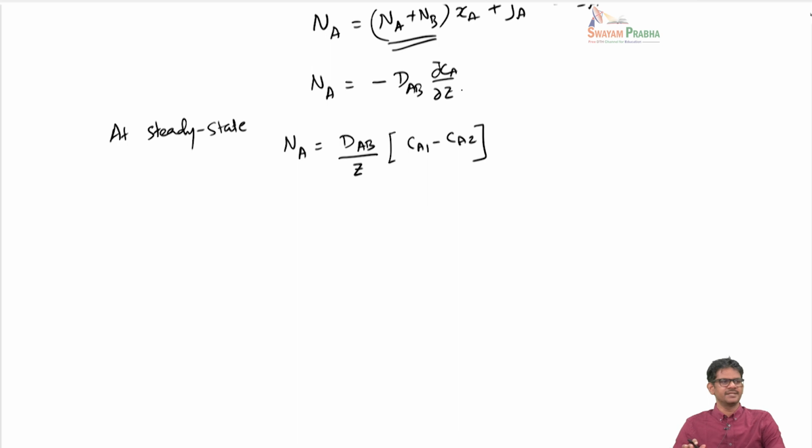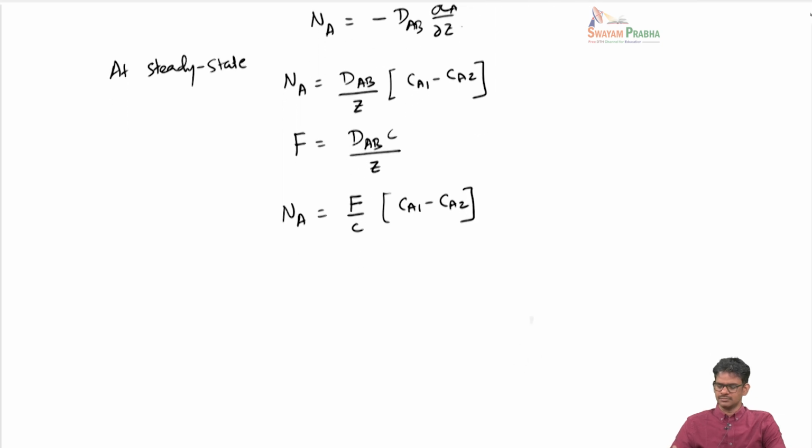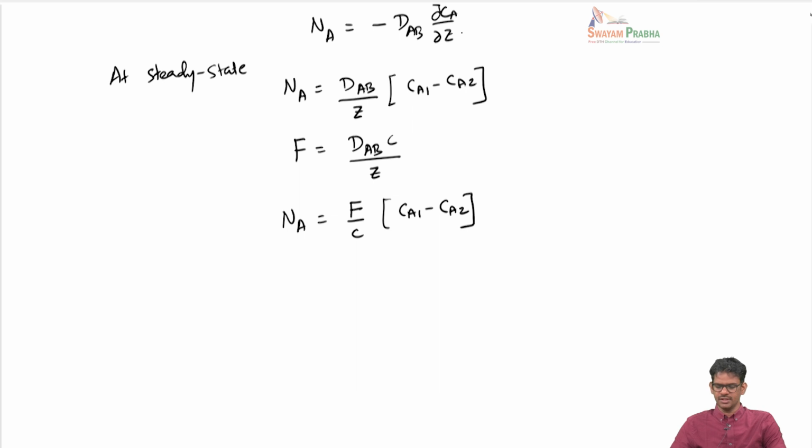Now if we want to write this expression in terms of F-type mass transfer coefficient, we know that F is defined as DAB C by Z. So if you substitute this F in Na, you will get F by C into Ca1 minus Ca2. So this is from the fundamental laws of mass transfer for equimolar counter diffusion.